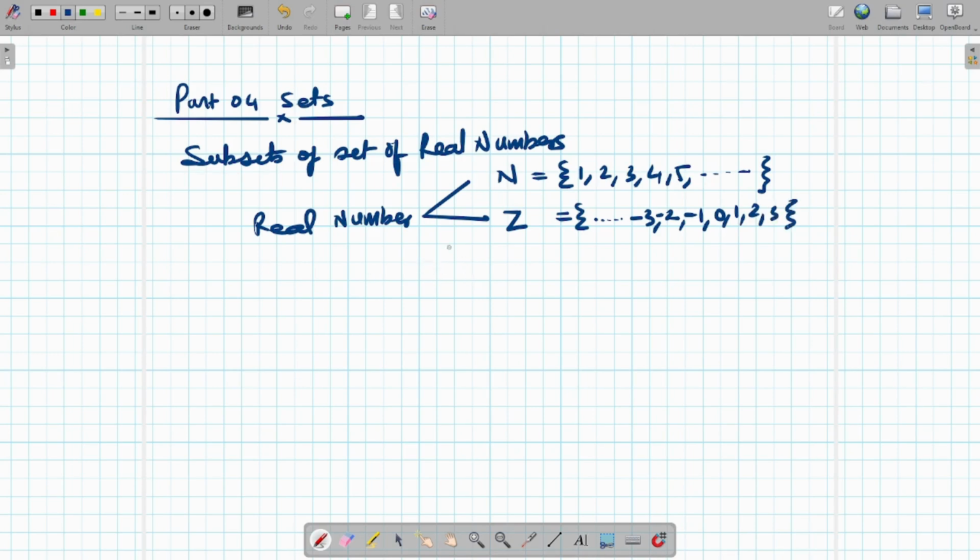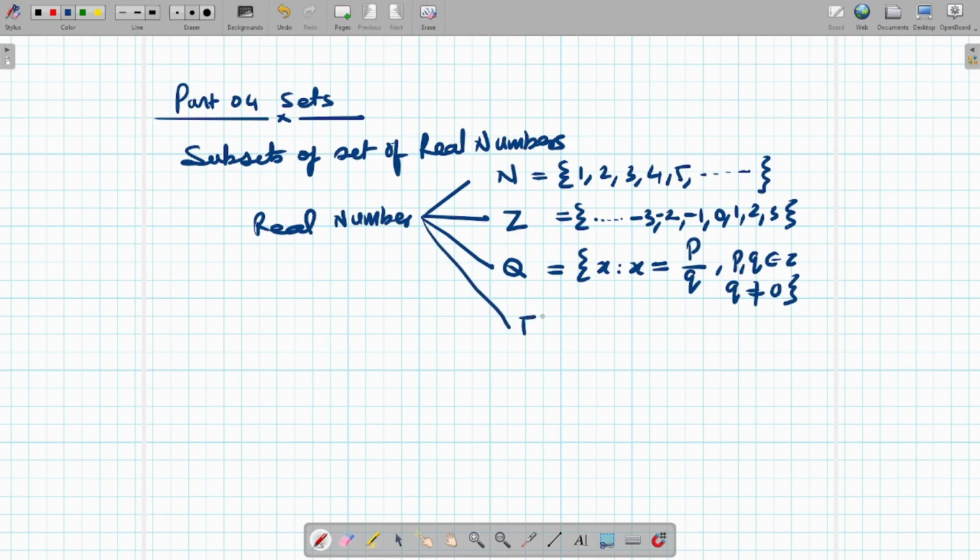Then we have Q, which is the set of rational numbers, and we write it as x such that x equals p upon q, where p, q belong to Z and q is not equal to 0. And lastly, it has got a set called T. And what is T?